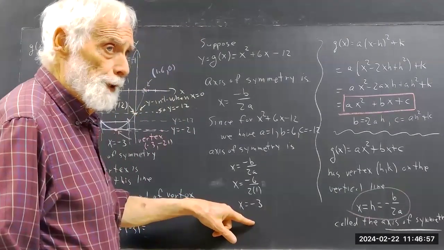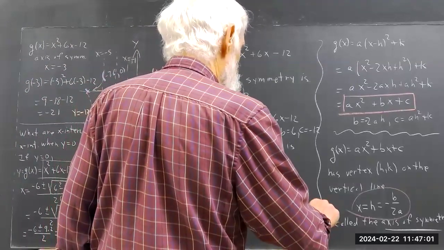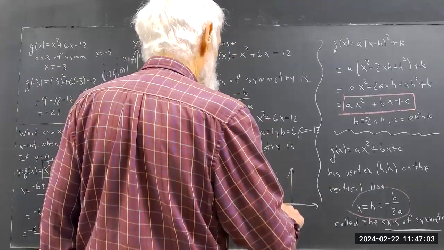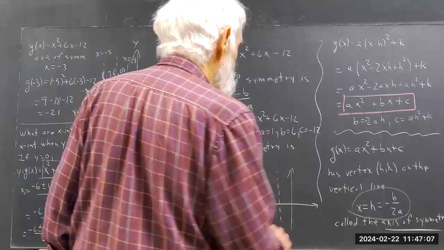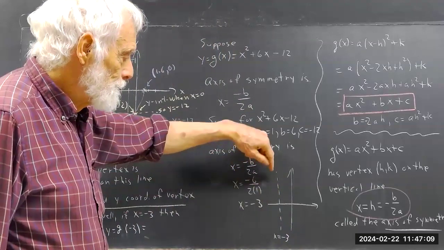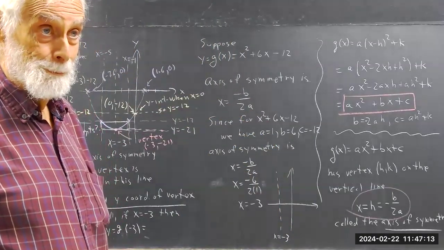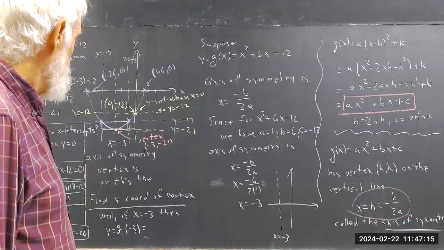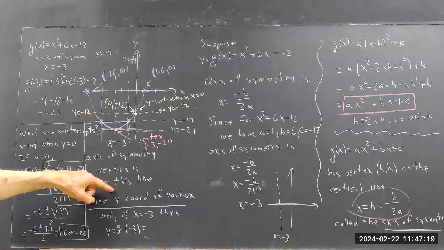How do you get x equals negative 3? On a graph, you put a line to the left of the x, y axis, and you call it x equals negative 3. It's a vertical line. So what do we know? X equals negative 3 is your axis of symmetry.